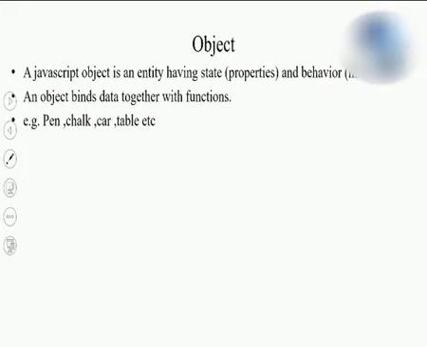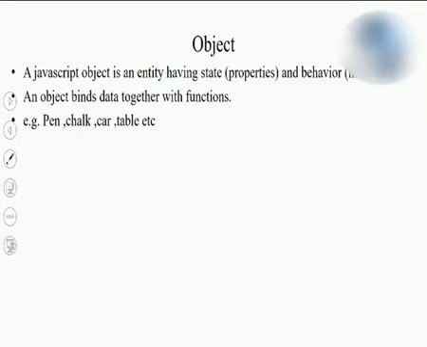We can consider a pen as an object, chalk as an object, a car as an object, or anything we consider as an object. For example, here pen is an object means what? The pen can have color, texture, size. So all these are the properties of the pen object. Similarly, chalk also has a color, a shape, a texture.